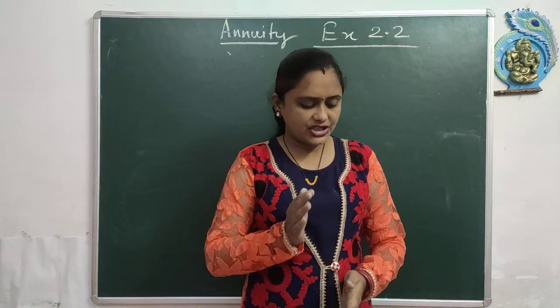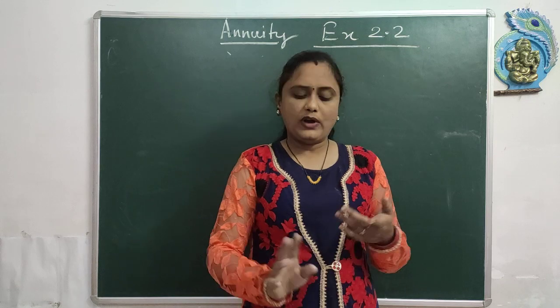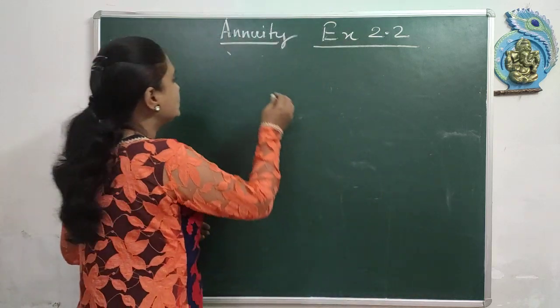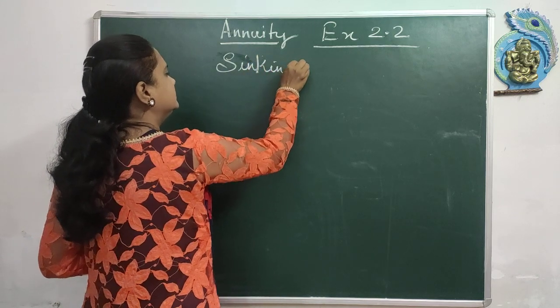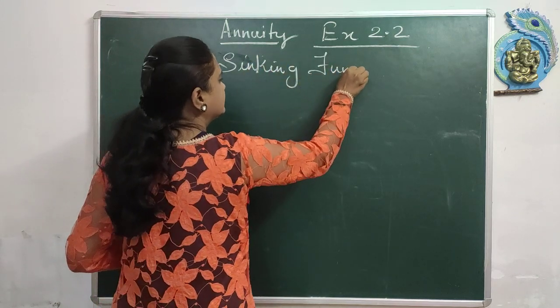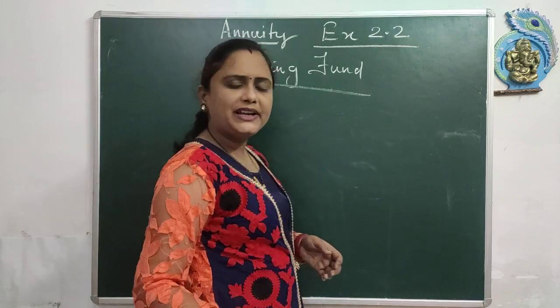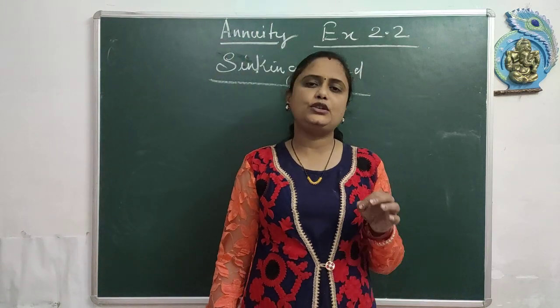Now moving to question number 7. One topic given in your book is sinking fund. But it does not have a separate formula for present value or future value.